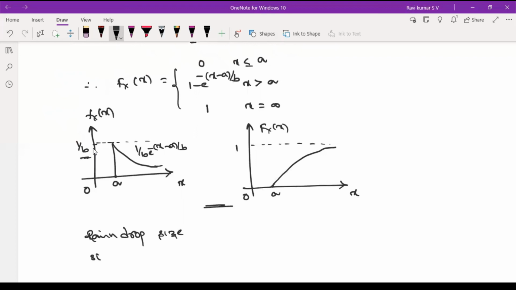Signal fluctuation strength received by the radar receivers is also possible to measure using this exponential density function and exponential distribution function.